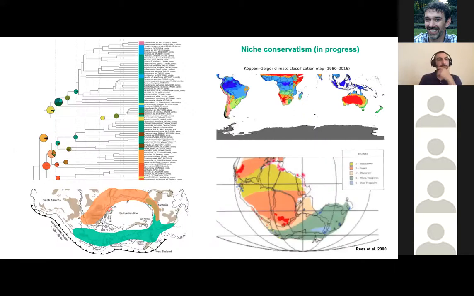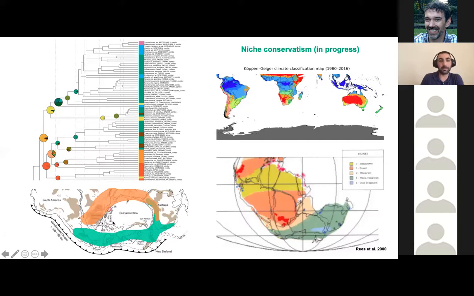Finally, I brought up niche conservatism. This is still a work in progress. I'm trying to figure out exactly how I want to approach this question, but the idea is, based on the current distribution of these taxa, I would like to code them according to their climate classification now, and then reconstruct ancestral climates in the past to see if those ancestral climates match what we expect based on reconstructed ranges and predicted paleoclimates.